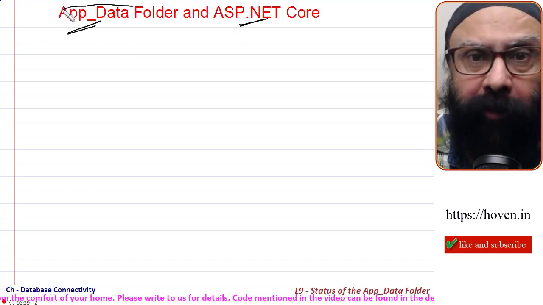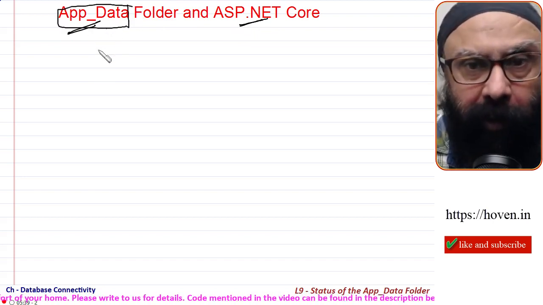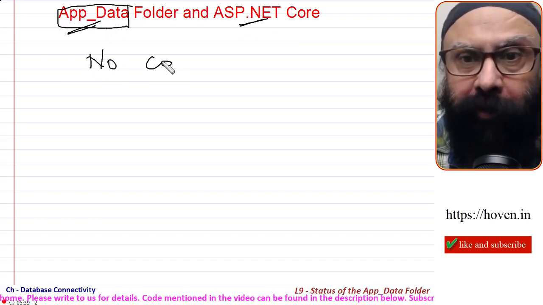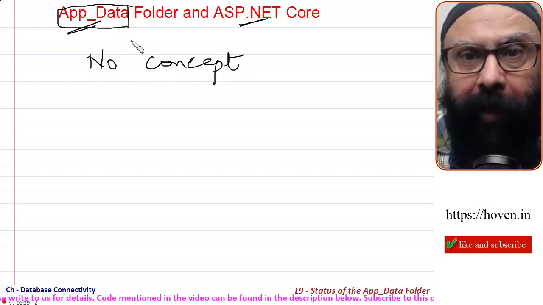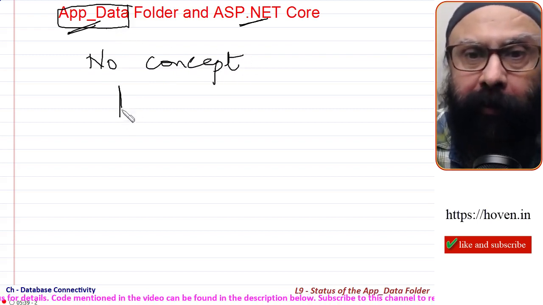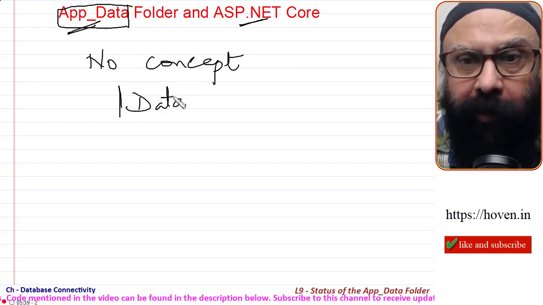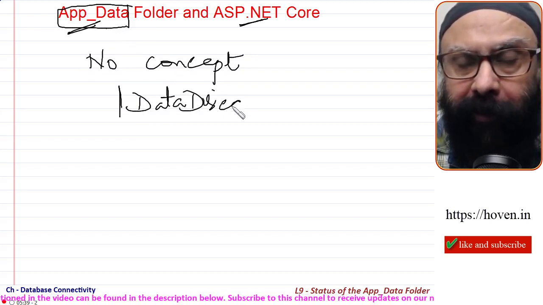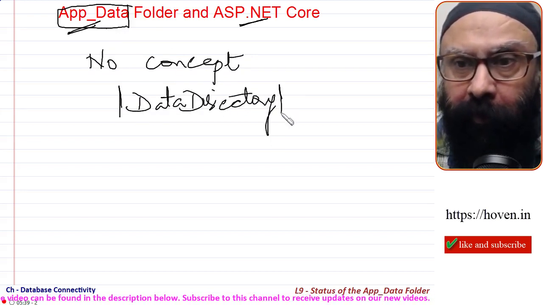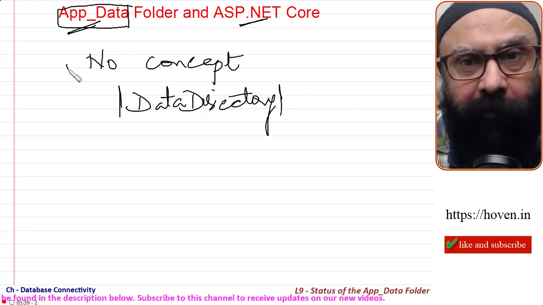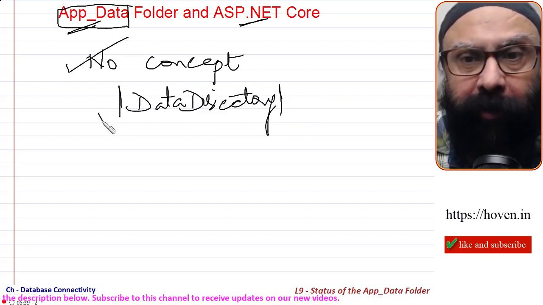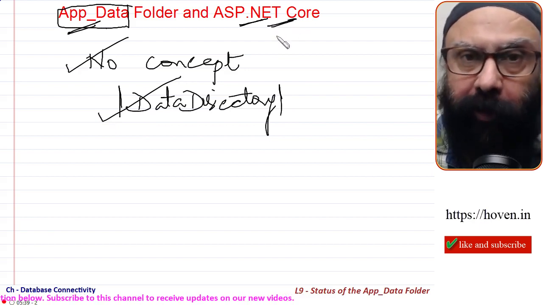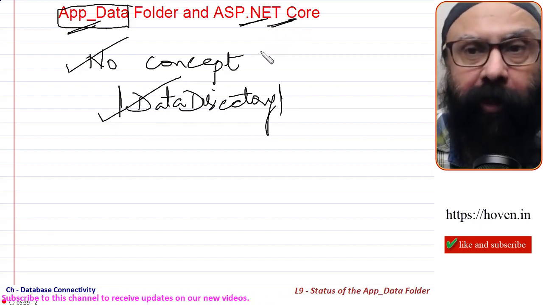There is no concept of app_data. There is no concept of this shortcut called data directory in ASP.NET Core. First of all, let me tell you why it is so.